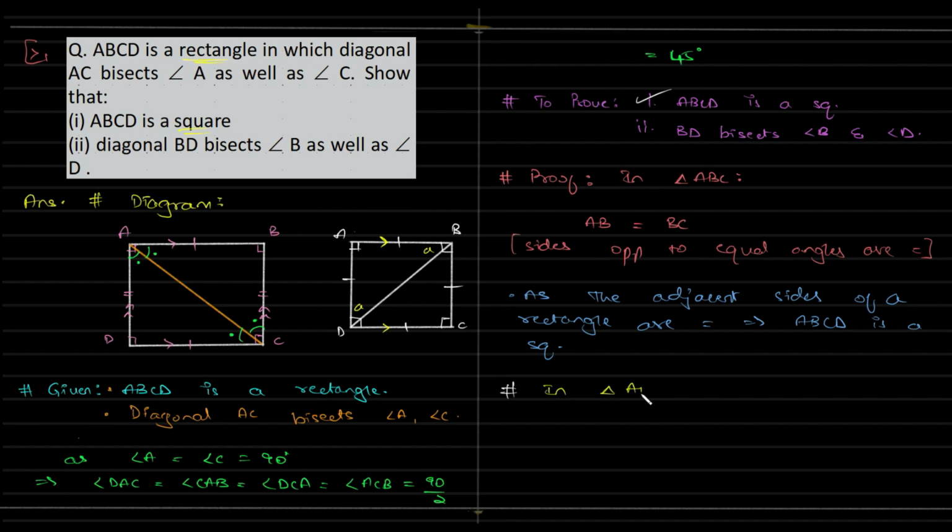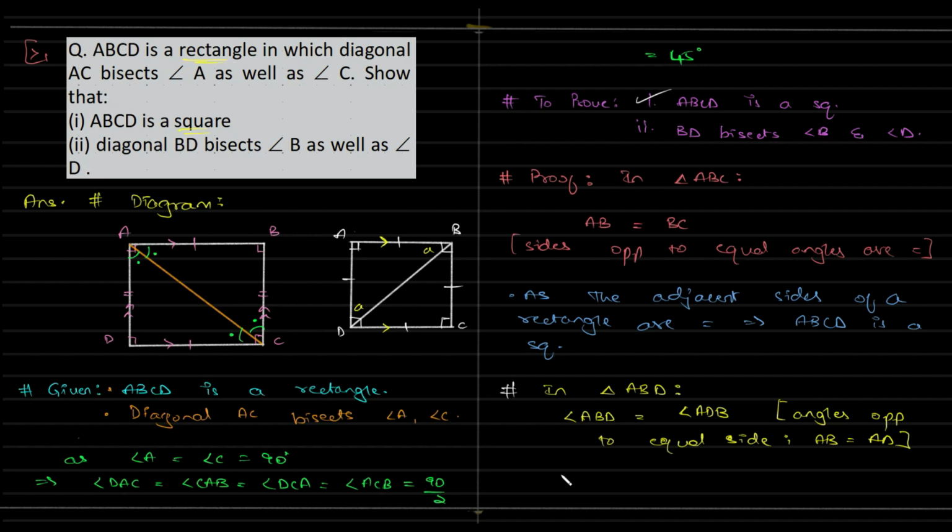In triangle ABD, right? So we have angle ABD is equal to angle ADB. Reason? What is the reason? Angles opposite to equal sides, that is AB is equal to AD. So we have this.